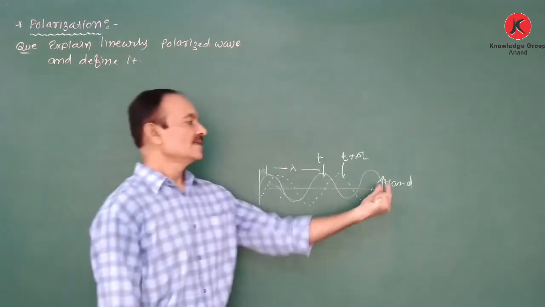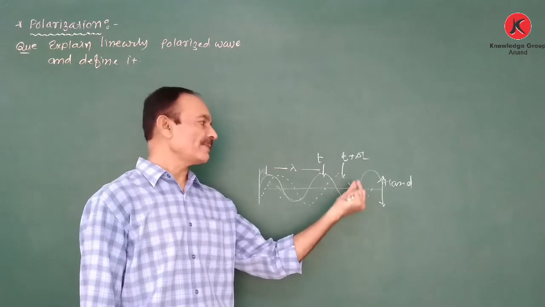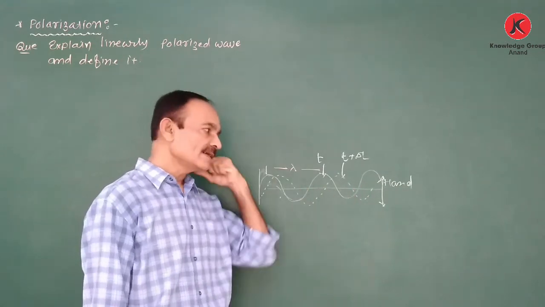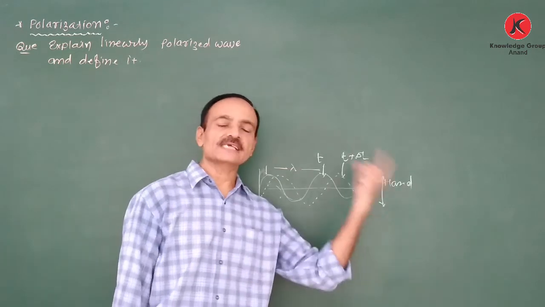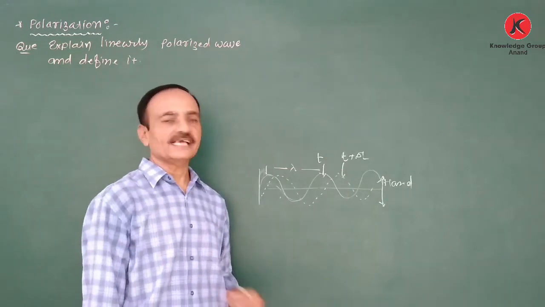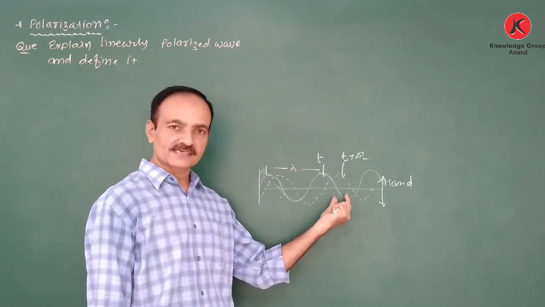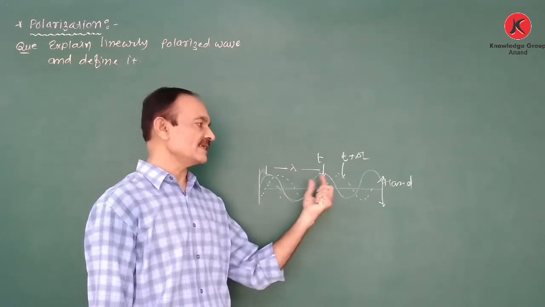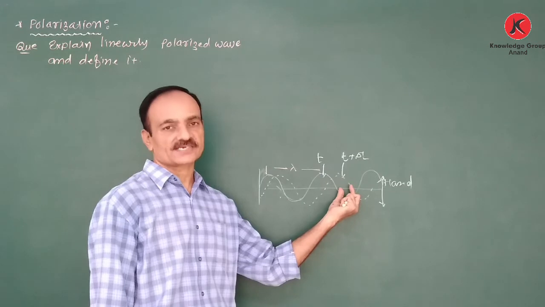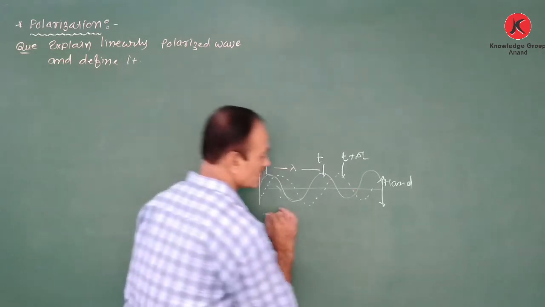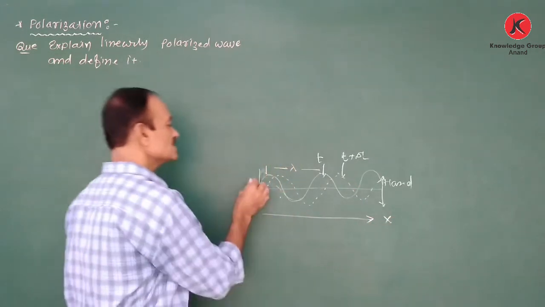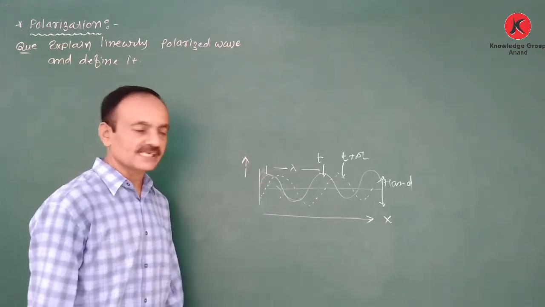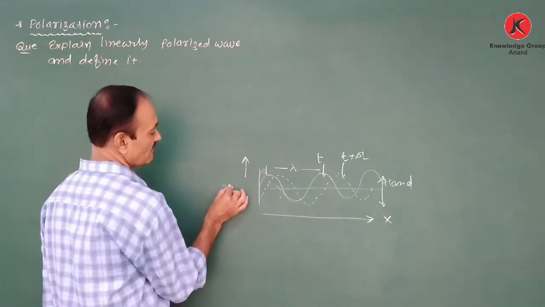Here, this disturbance is propagating in the positive x direction. Therefore, the displacement changes with time, and this displacement occurs along the y direction. Here the string is along the x direction and the displacement of all points of the string occurs in the y direction.